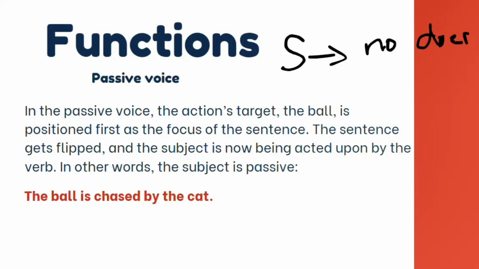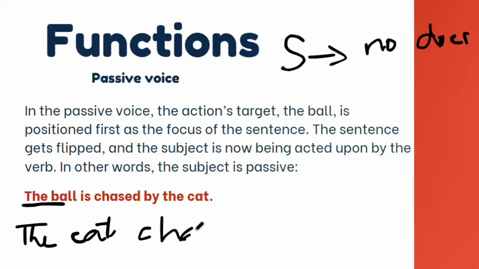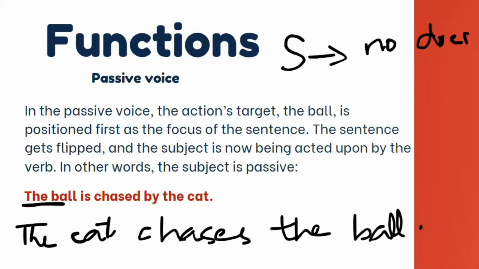The subject, that is the ball here now, because we have flipped, the object has become the subject. Our previous sentence was: the cat chases the ball, right? So here the cat was our subject and the ball was our object.